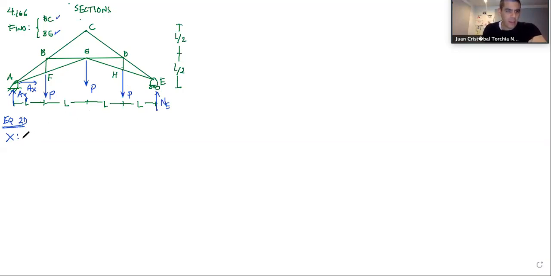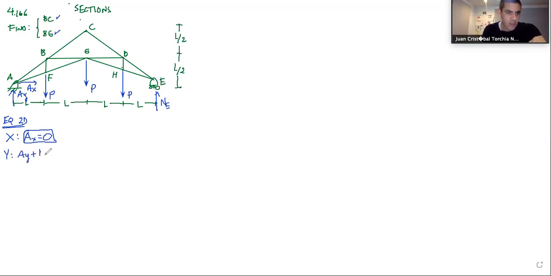So in X, I'm gonna have AX going to the right, and none of the others is going left or right, therefore equals to 0. Well, that wasn't that difficult, okay? So I'm gonna go with Y. So the Y part's a little bit more difficult, but let's just go.